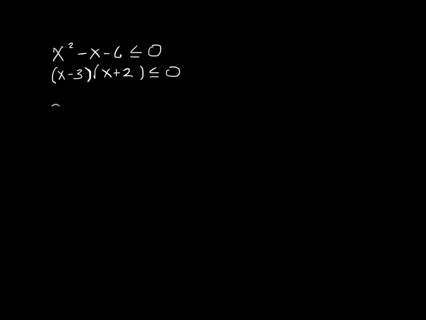So case 1 is going to be that one is positive and the other is negative, and case 2 is going to be that one is negative and the other is positive. So the way we write that symbolically, here's case 1.